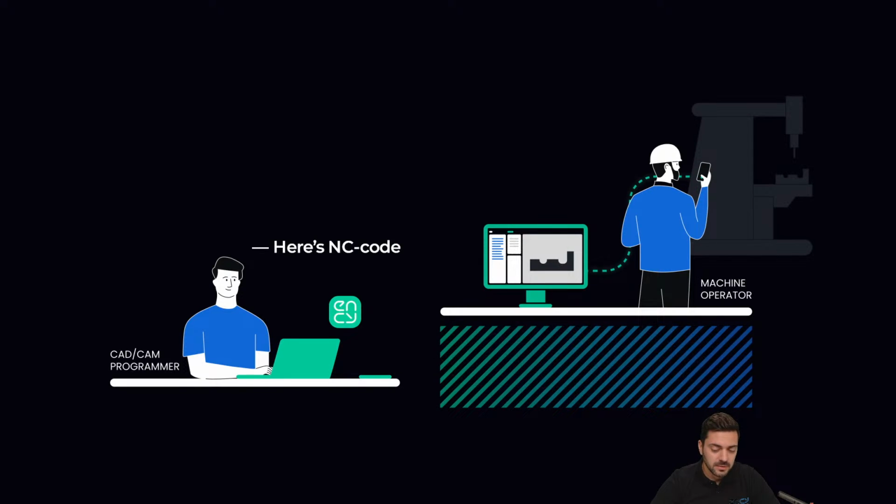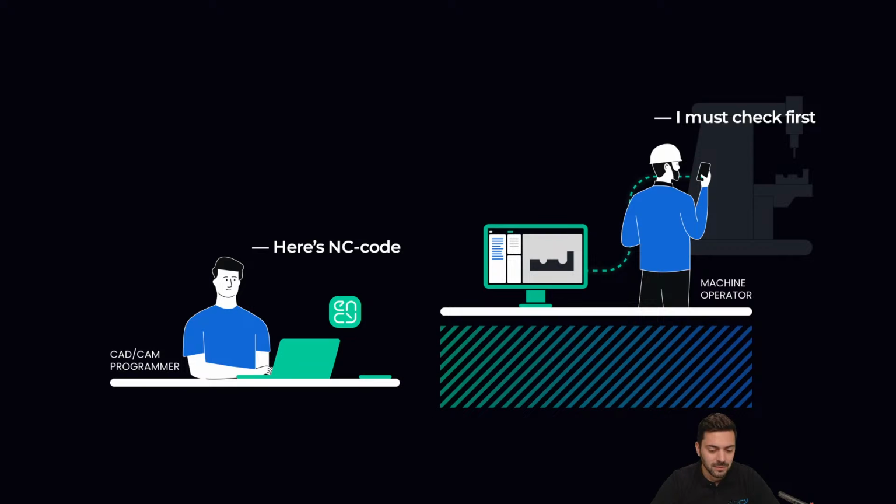But what happens if the cadcam programmer and the machine operator are two different people? In this situation, they start to collaborate. And this is the topic we are talking about today. So here is ENCY code, says the cadcam programmer. But the machine operator, who is responsible for the very expensive machine, says, I must check it first.